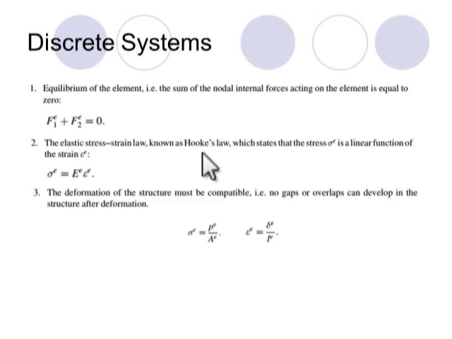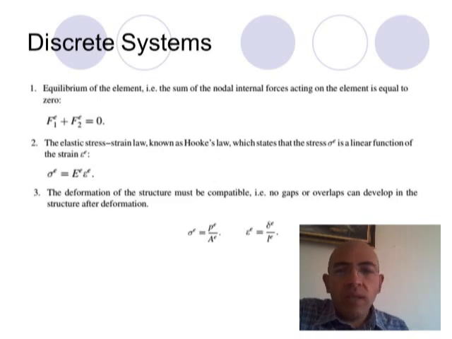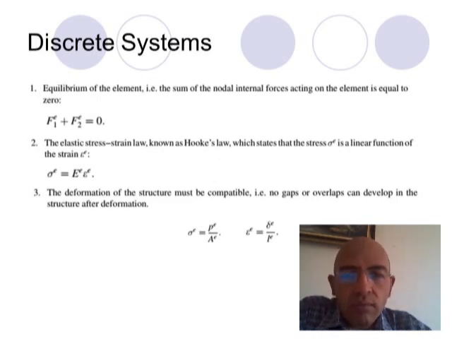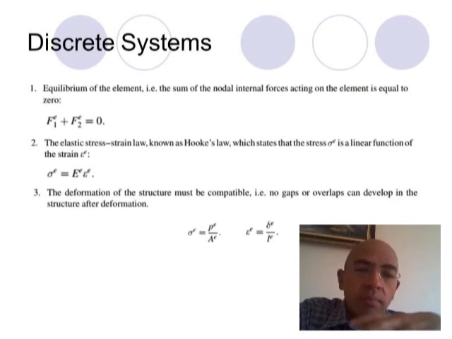If you apply a force on an object, it deforms in real life. When you remove the force, if it returns back to its original shape, then that material is called elastic. It can be linear elastic, it can be non-linear elastic.